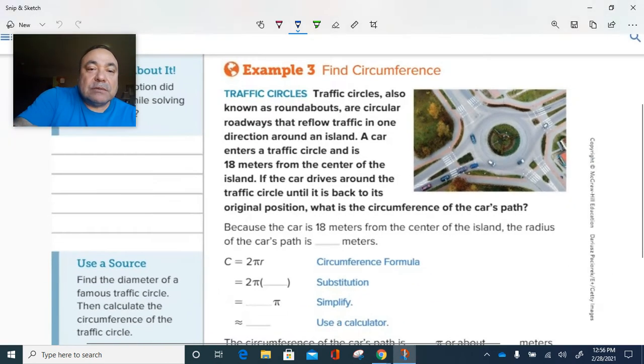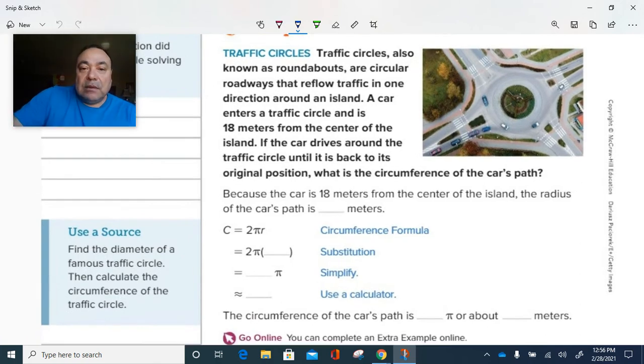We said the radius of the island of the car path is 18 meters. We found 2 pi times 18, therefore we have 36 pi. And we use a calculator, guys, and we find the circumference to be approximately 113.1 meters. That's longer than a football field.